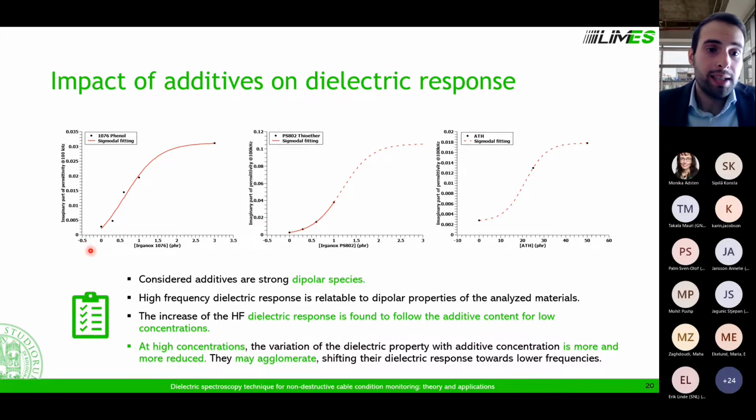As expected, as we increase the concentration of additives, so the concentration of polar species, we increase the imaginary part of permittivity, so the electrical response. This is true until we reach a threshold value, which also corresponds chemically to the maximum soluble amount of additives inside the polymeric matrix.